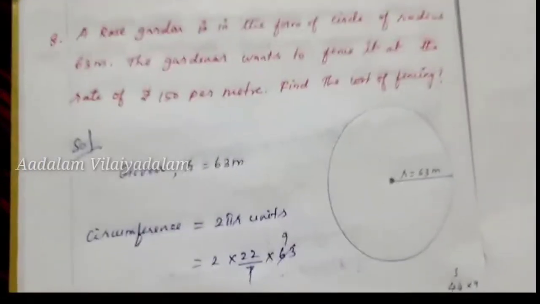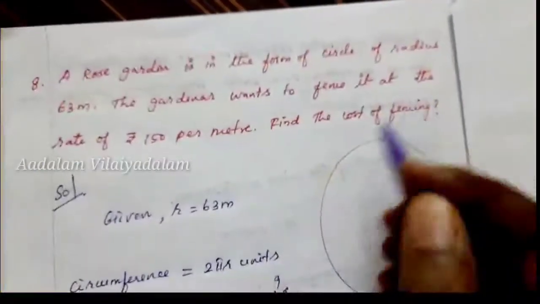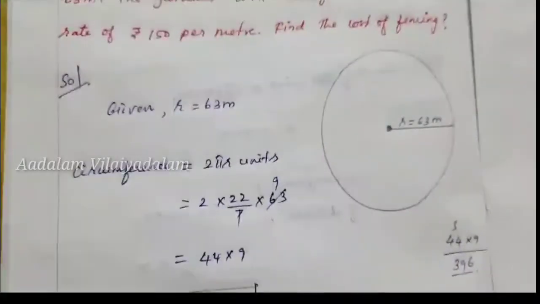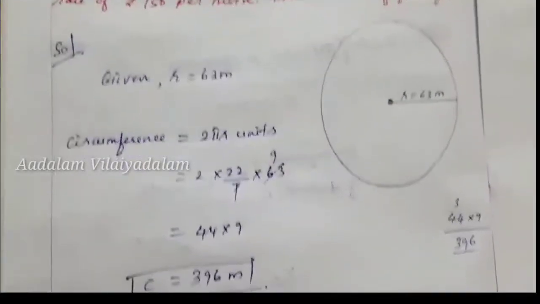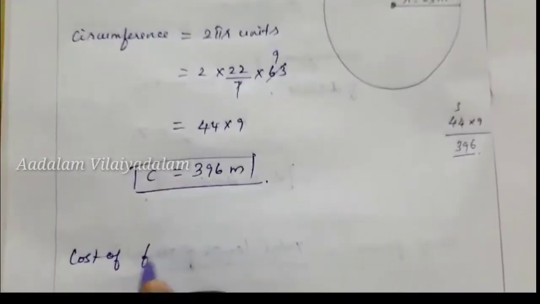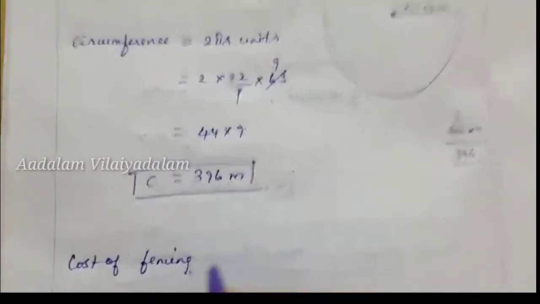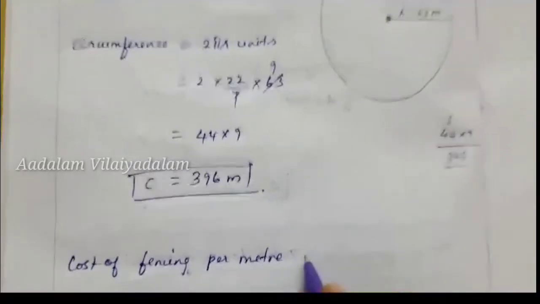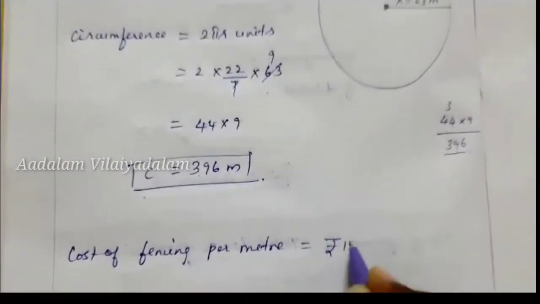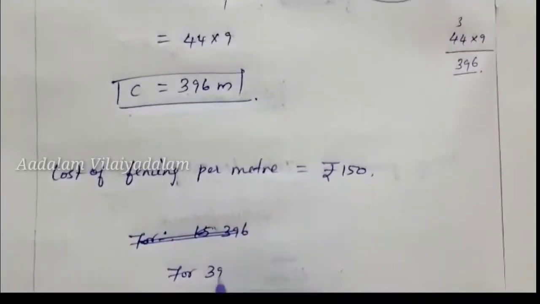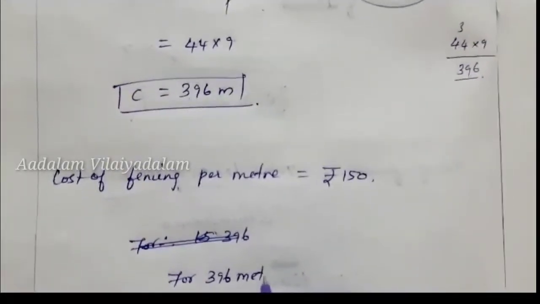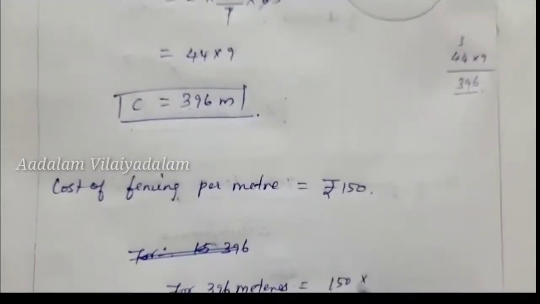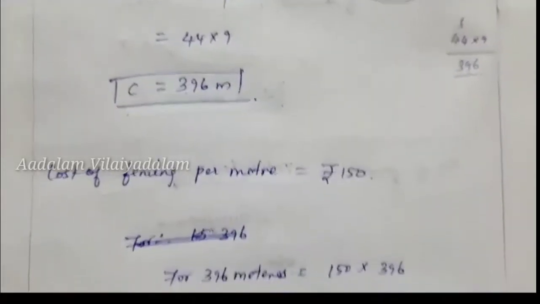Now he spends rupees 150 per meter. So for the cost of fencing, we could write per meter is rupees 150. For 396 meters, how much do we get? So 150 into 396.